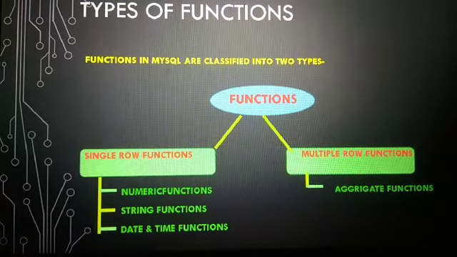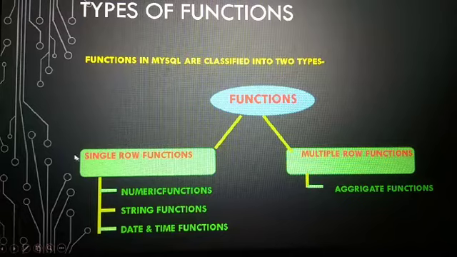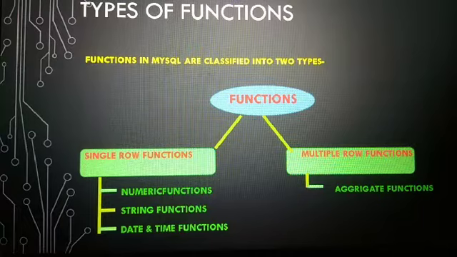Single row functions are further categorized into numerical functions, string functions, and date and time functions. In string functions, we can change our string into lowercase, uppercase, and also extract a subset of a string.